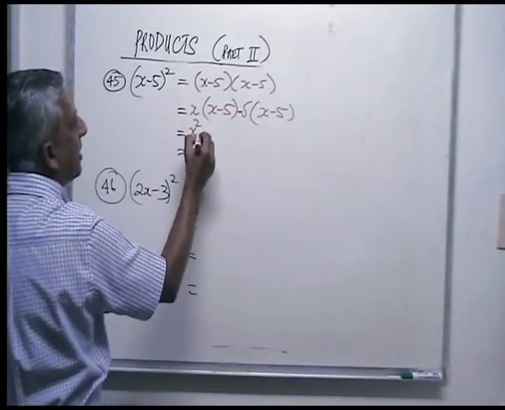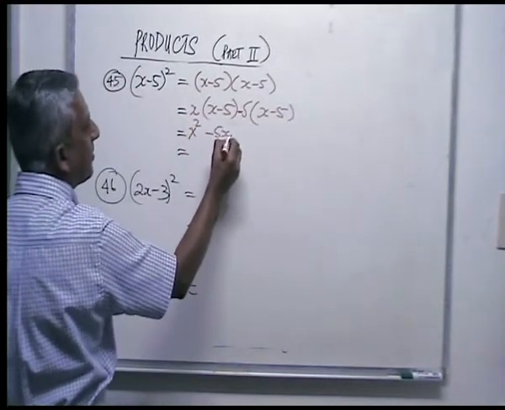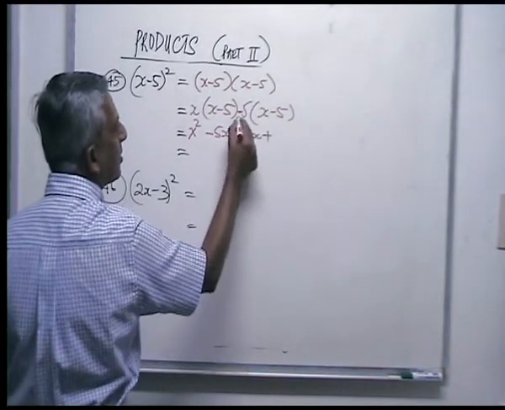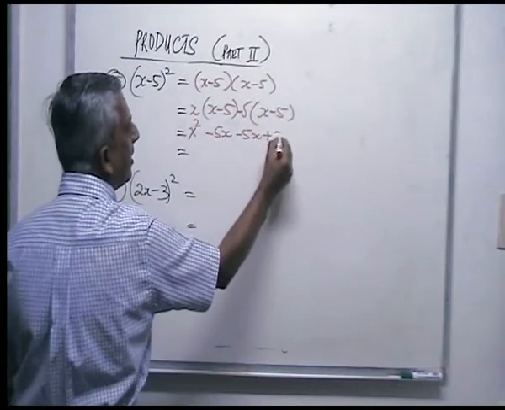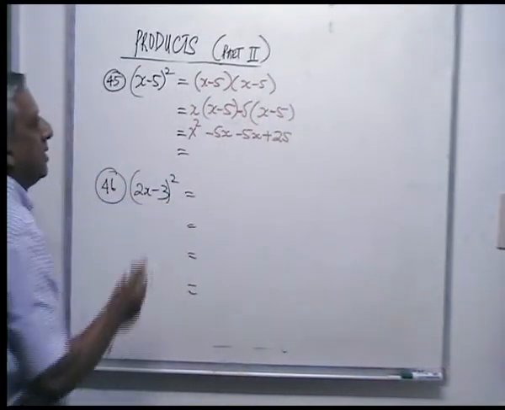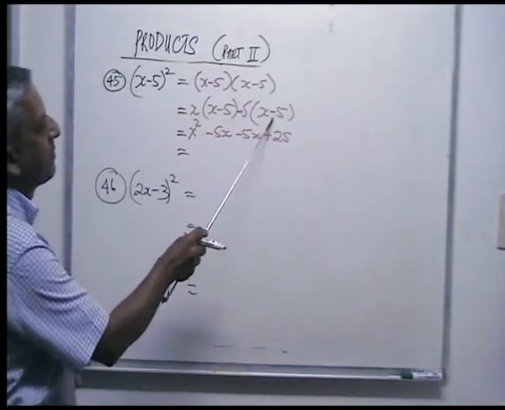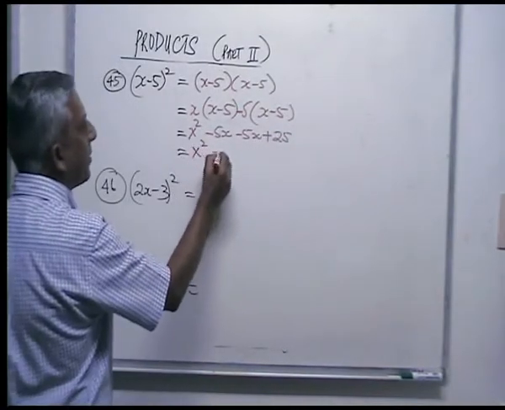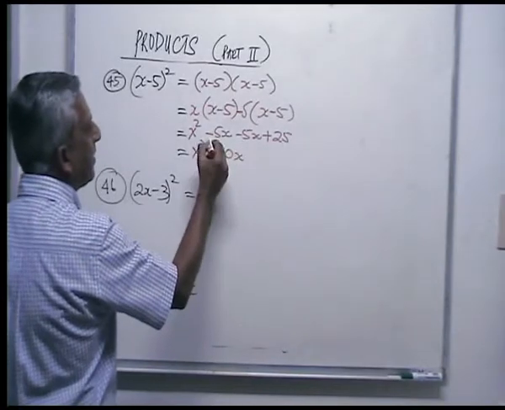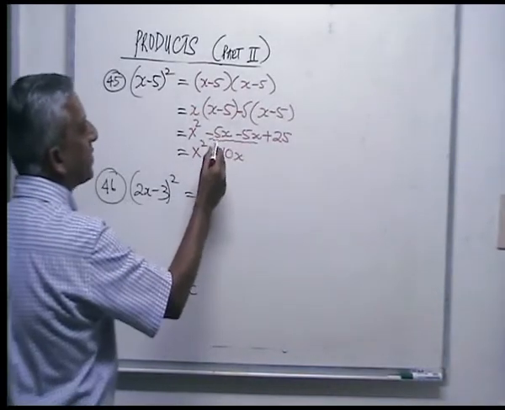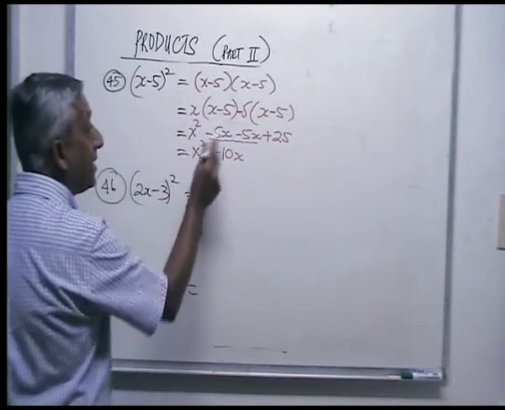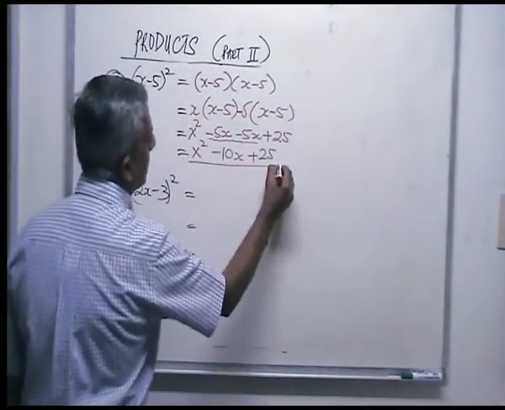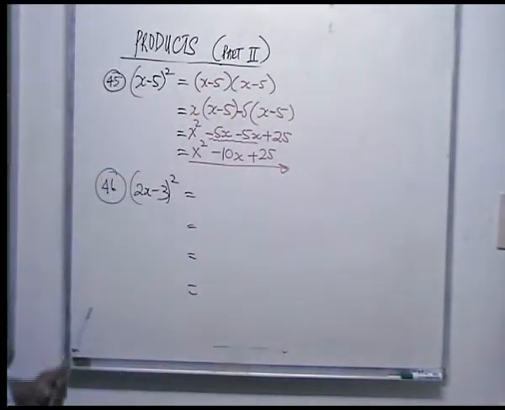When you multiply that, you get x squared minus 5x minus 5x plus, because you got minus 5 times minus 5 plus 25. Because minus times minus gives you plus. And that finally gives you x squared minus 10x, because you are adding these two up. Minus 5 plus minus 5, you're adding them up. Plus 25. So that finishes number 45.